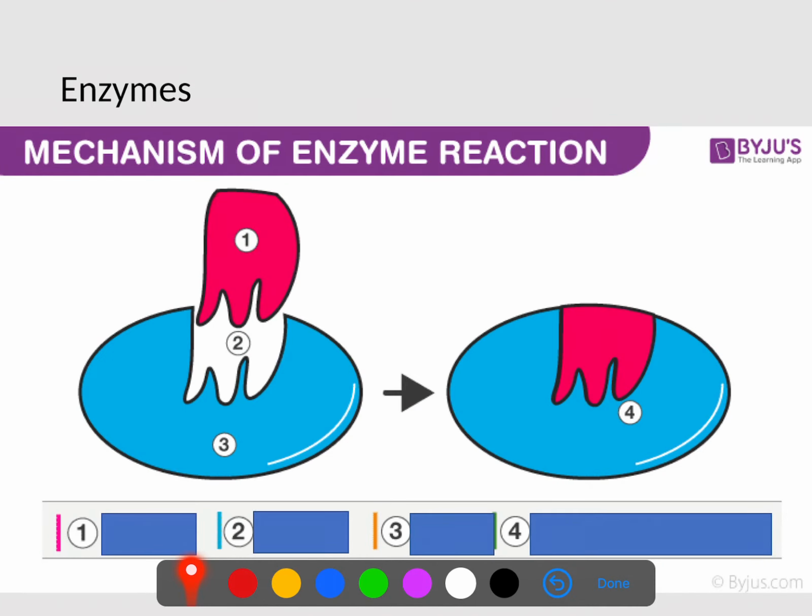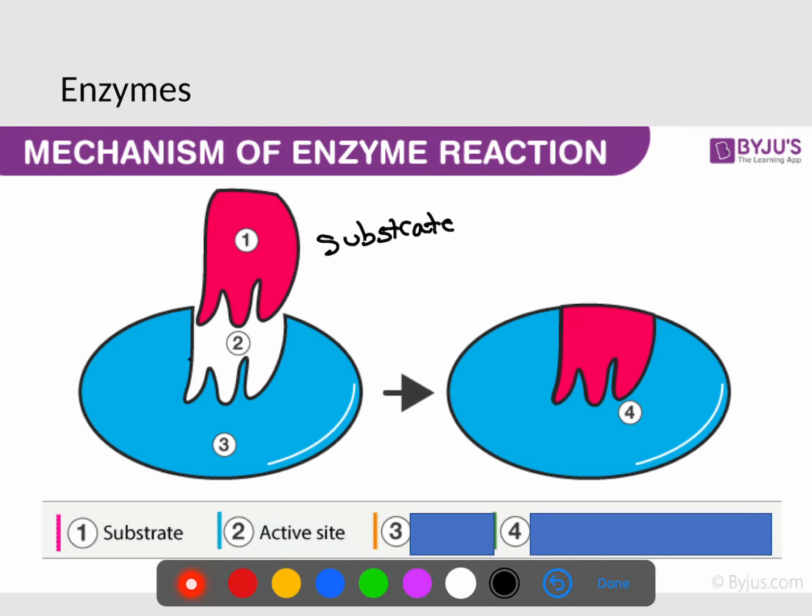So let's look at the mechanism of an enzyme reaction. So number one there, that is our substrate. So I'm actually going to write that in there up here as well. So the substrate is what's actually being broken down or the chemical reaction is working on. So that substrate will bind to what's known as the active site. The active site is where the chemical reaction or the substrate fits into the enzyme.